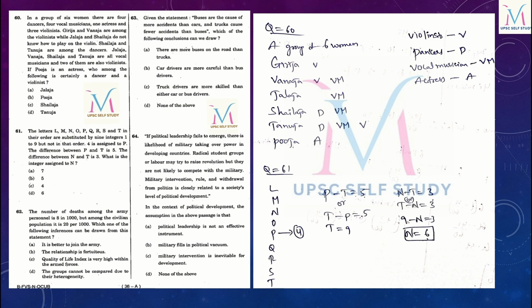Among these six, 4 are dancers, 4 are vocal musicians, 1 is an actress, and 3 are violinists.